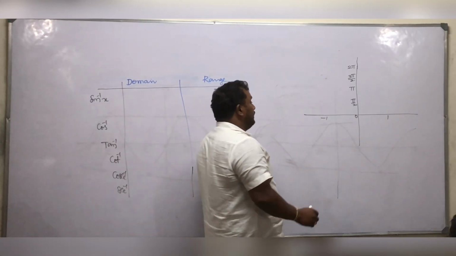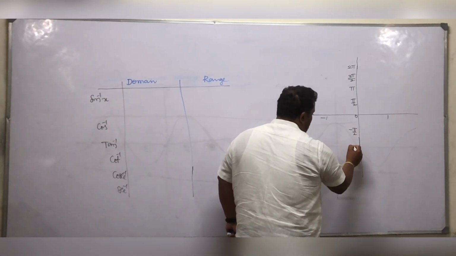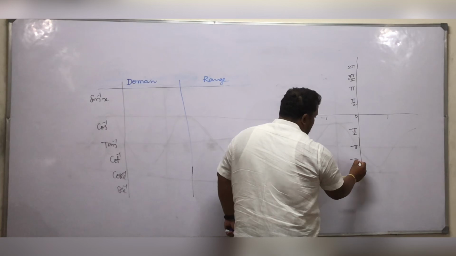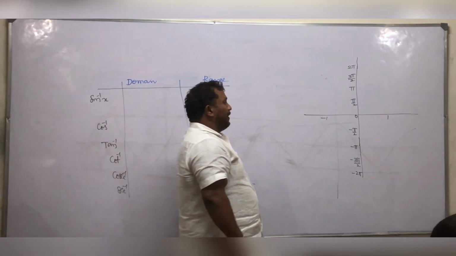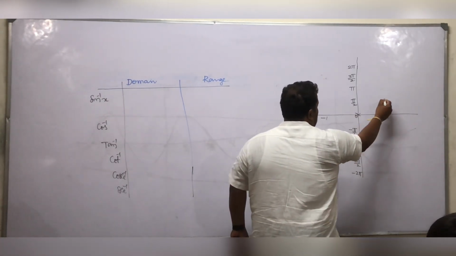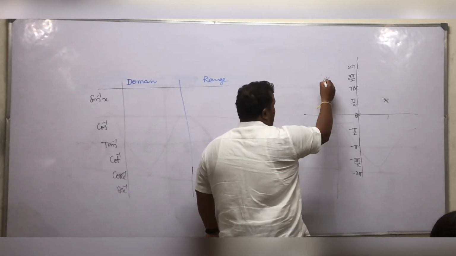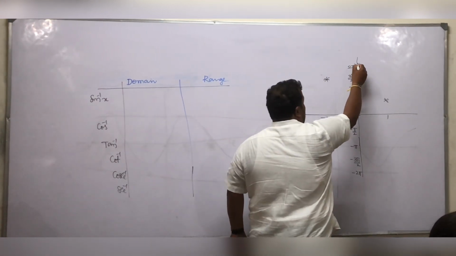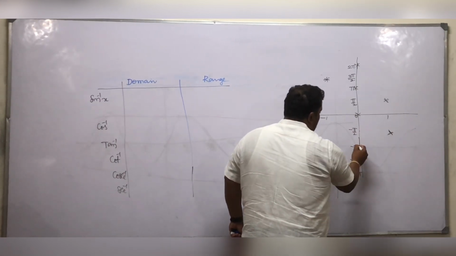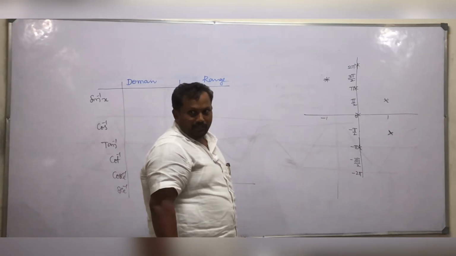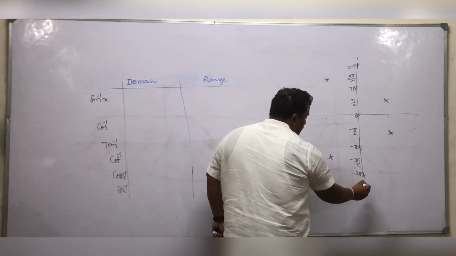In the negative direction of x we mark minus pi by 2, minus pi, minus 3 pi by 2, minus 2 pi. 0 value is 0. 90 degrees value is 1. 180 value is 0. 3 pi by 2 value is minus 1. 360 value is 0. Minus pi by 2 value is minus of minus, plus 1. 180 value is 0. Minus of 0 is also nothing but 0. 3 pi by 2 value is minus 1. 360 is 0, minus 0.